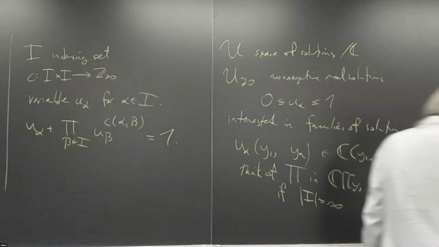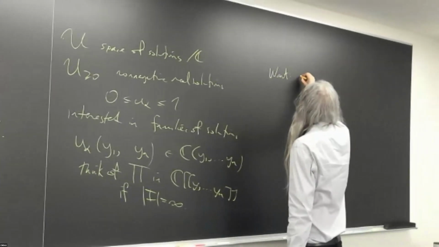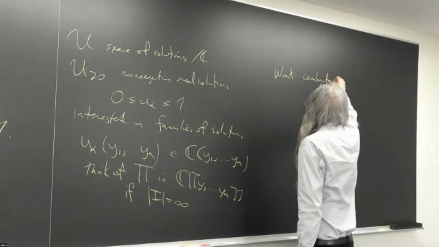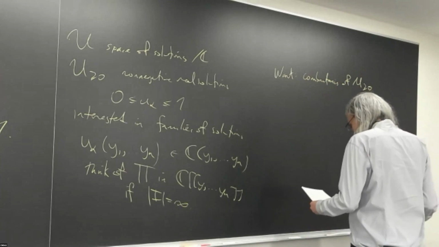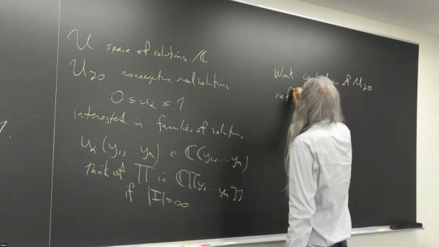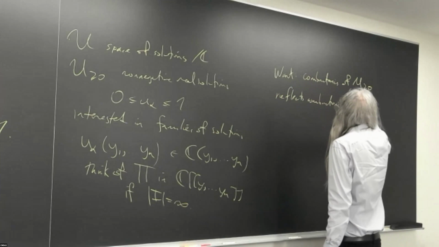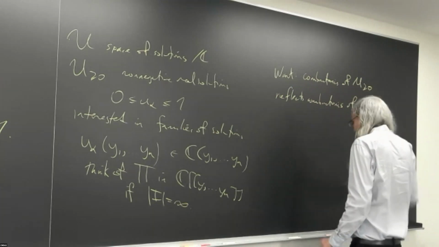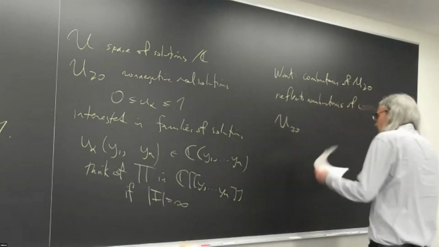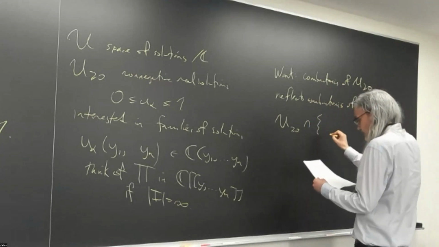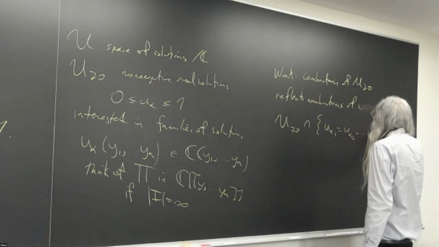And what we want, the interesting thing we're looking for, is when the combinatorics of this totally non-negative part of the solution space reflect the combinatorics of compatibility, of this compatibility degree C. In the following sense: the totally non-negative part intersected with the locus where U alpha 1 equals U alpha 2 equals ... equals U alpha n equals 0.